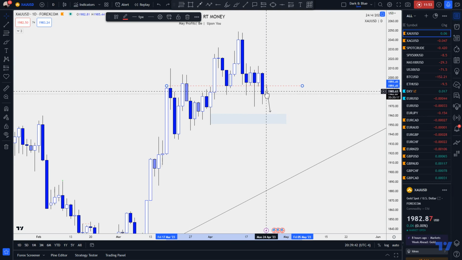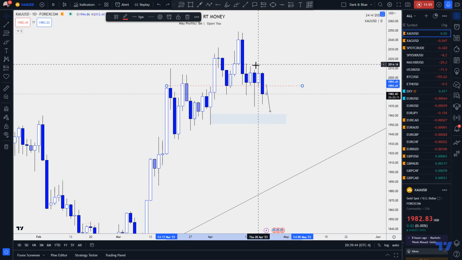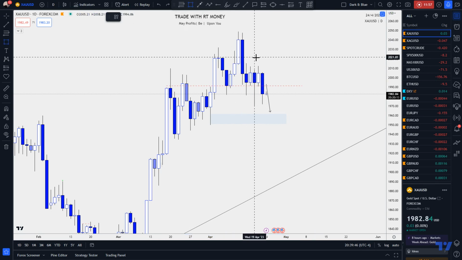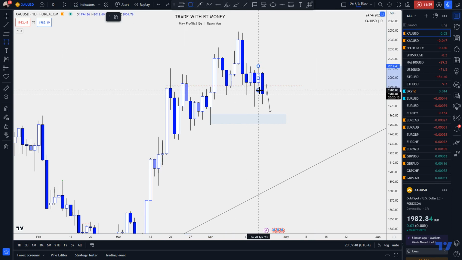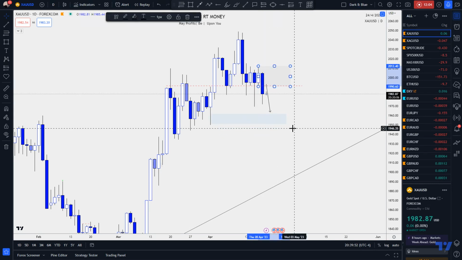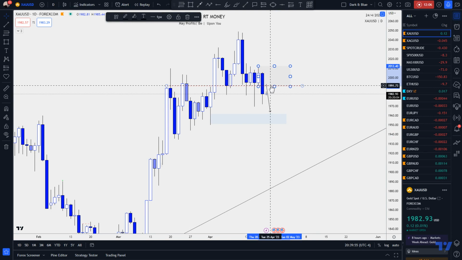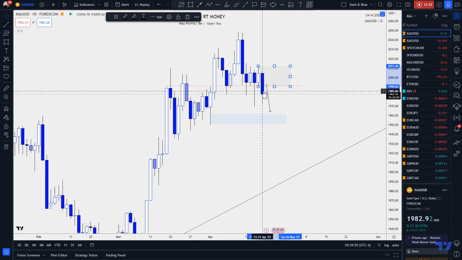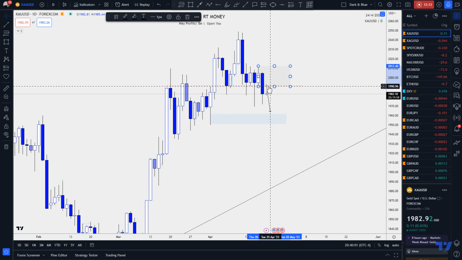So I'd like to see price come back up, test these lows, mitigate this developing zone of supply and continue down as the arrow is depicted. A small up and then down. That's what I'm looking for.